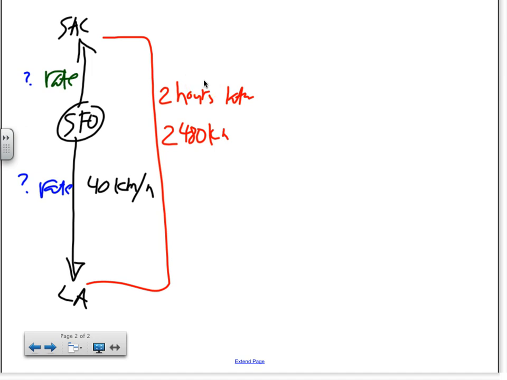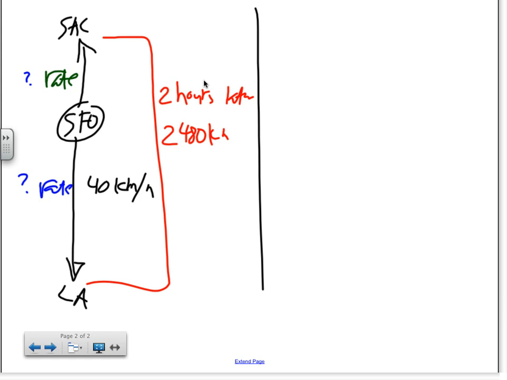What is it called? Define your variables. Very good. So let's define our variables. Help me please define the 2 variables. What should we say? The speed of the jet going north.